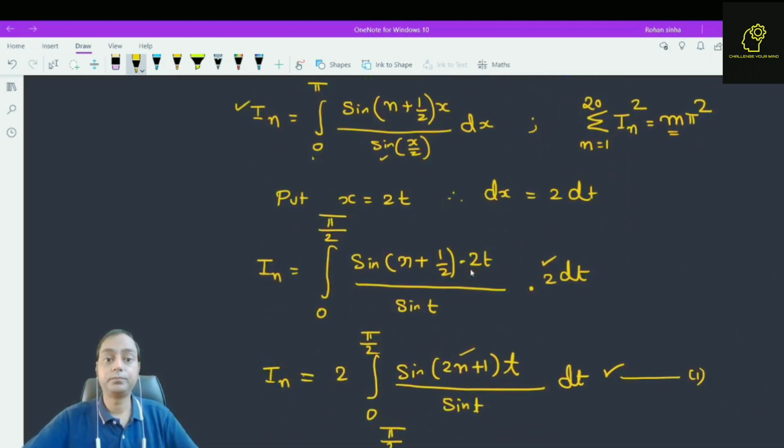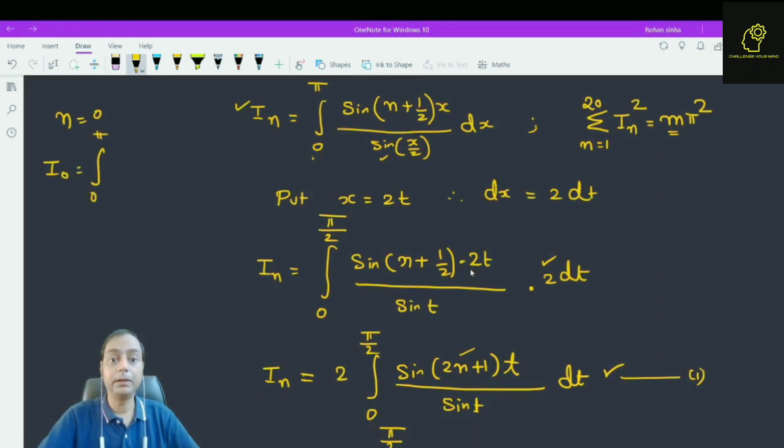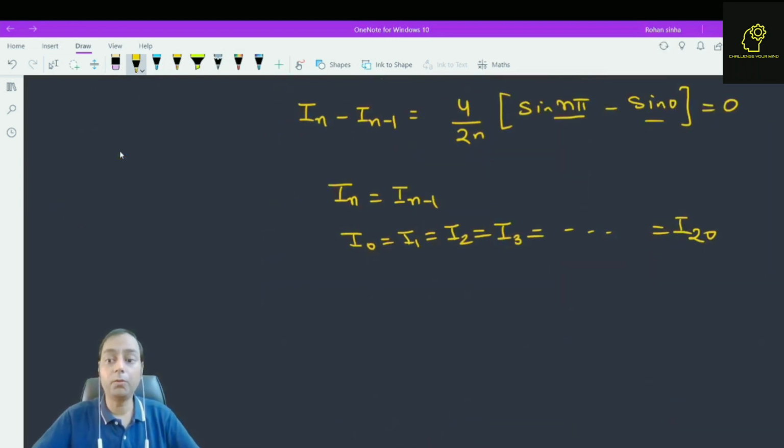Simply put n equal to 0, and we find I_0 is the integral from 0 to pi of sin(x/2) divided by sin(x/2) dx. The sin(x/2) terms cancel, so I_0 is equal to pi only. If I_0 is equal to pi, this means I_1, I_2, all are equal to pi.